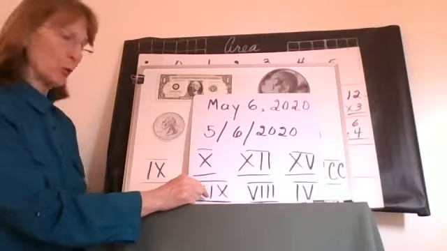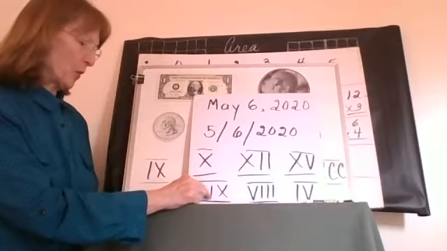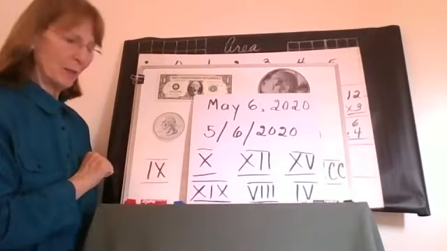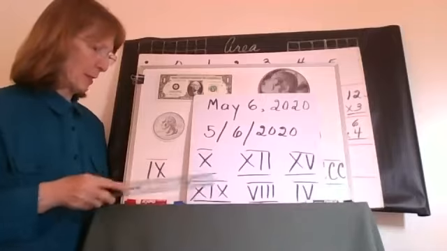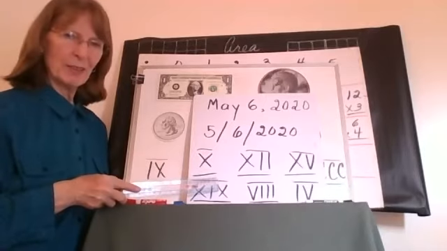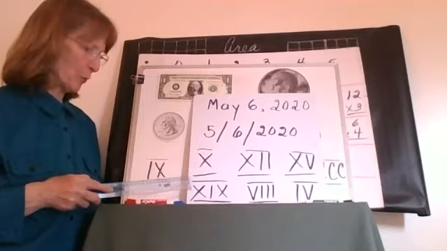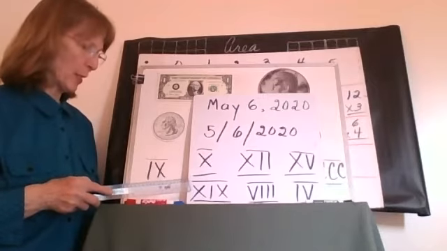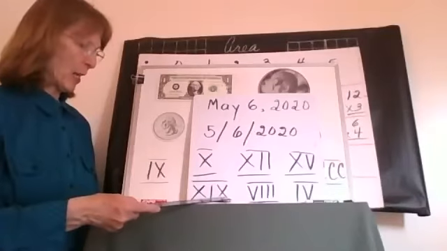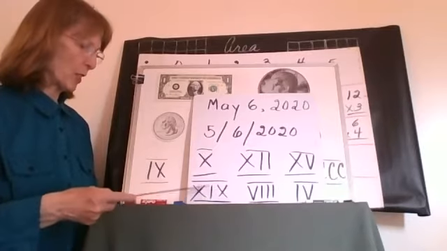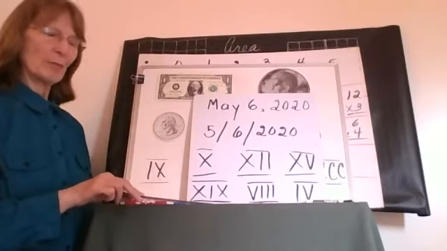XIX. Do you remember? The I goes with the X over here. So this stands alone. So this will count for 10, and this X and I will count for the next number together.